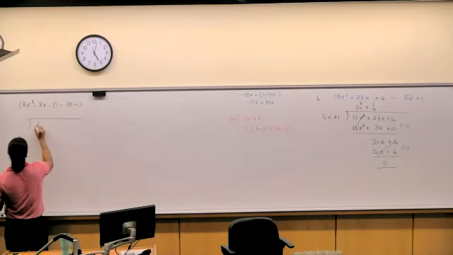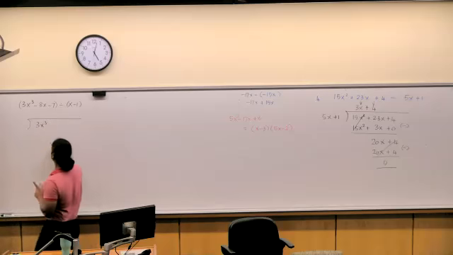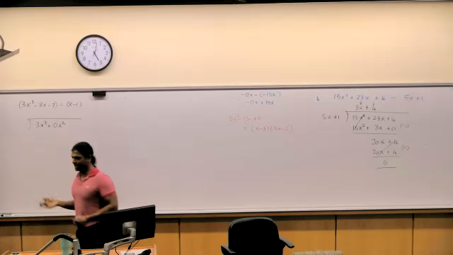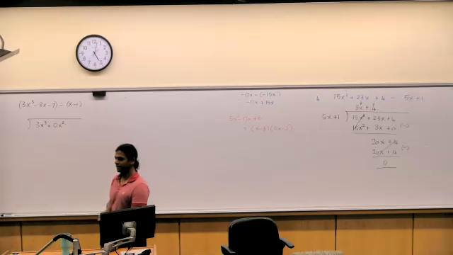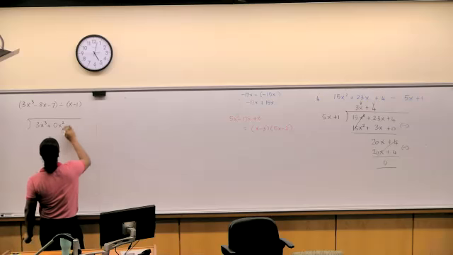So 3x cubed plus 0 times x squared. Did I do anything wrong? I just added 0, 0 times x squared, still 0. Minus 8x, minus 7.